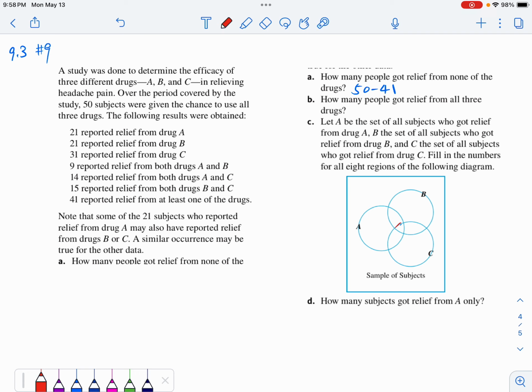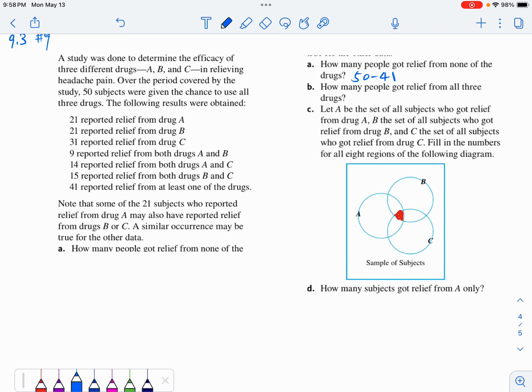That means we are looking for the area that is common to all these 3 circles, right? So if we use the set notation, we want to find the number in the intersection of A and B and C. That's what we are trying to find.